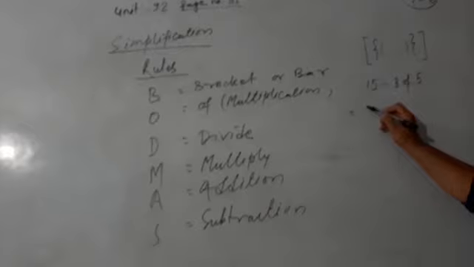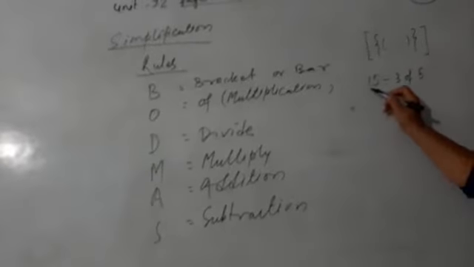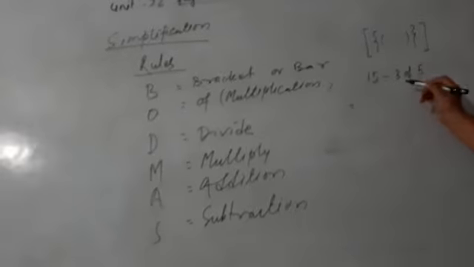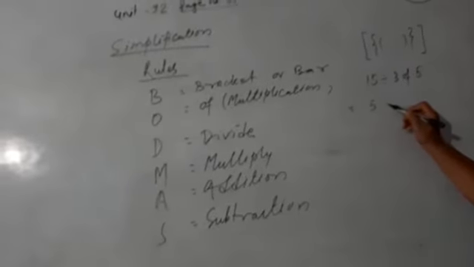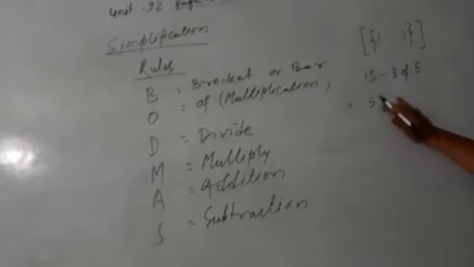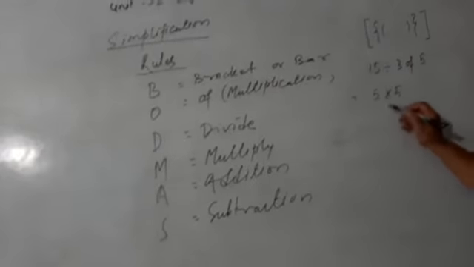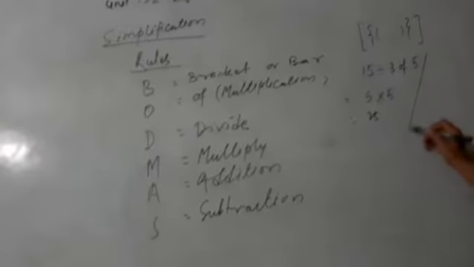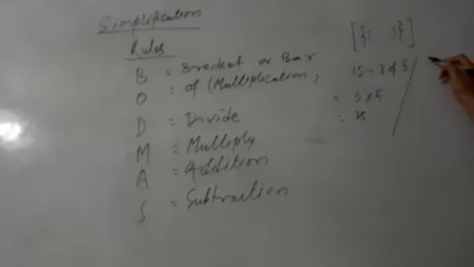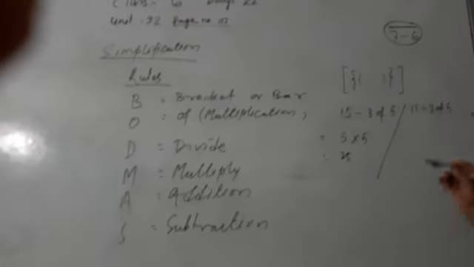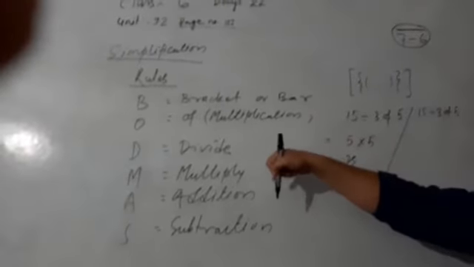Someone who does not follow the rules of simplification divides first, 15 divided by 3 is 5, and of means multiplication, 5 times 5, so they get 25. Look at this, I am doing it like this: 15 divided by 3 of 5. The rule is that of is done before the divide.